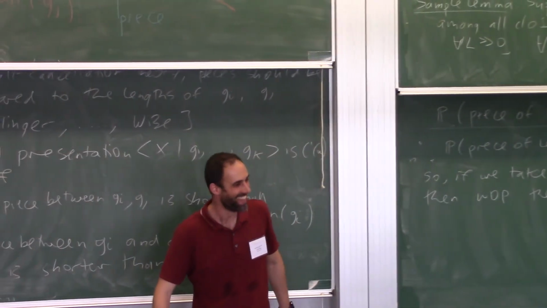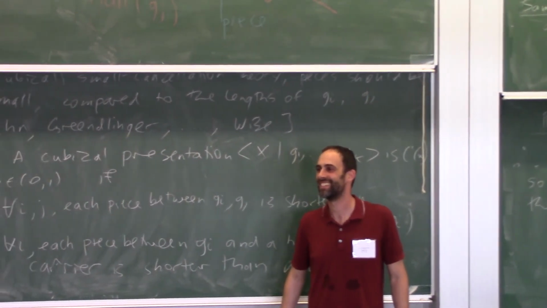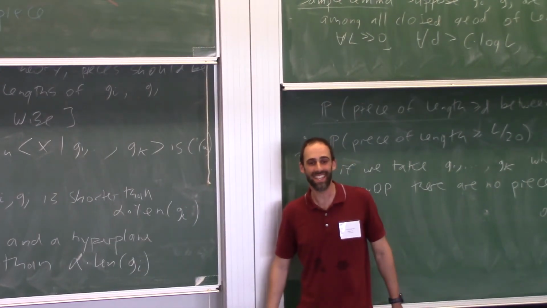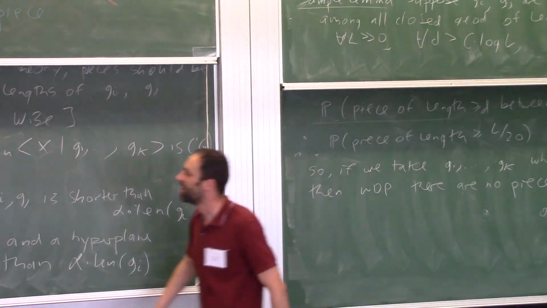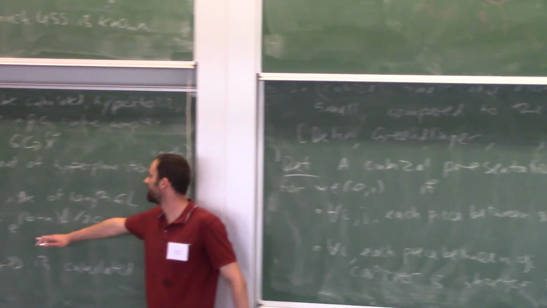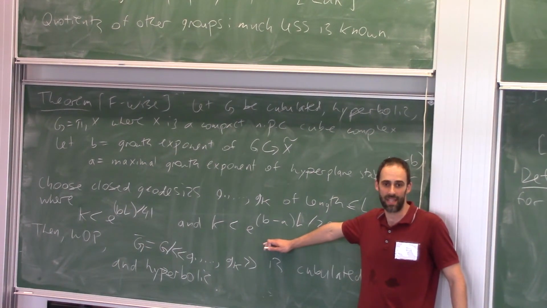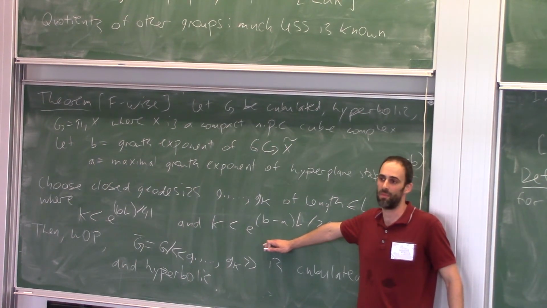That's good. What happens when X is a surface? What an excellent question. What happens when X is a surface is you don't have to worry about this, and the reason is that the hyperplanes in a surface group are cyclic.